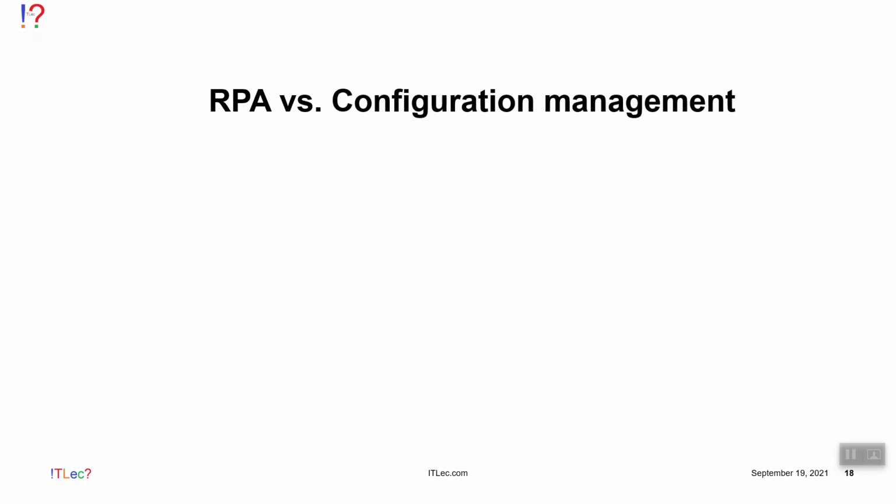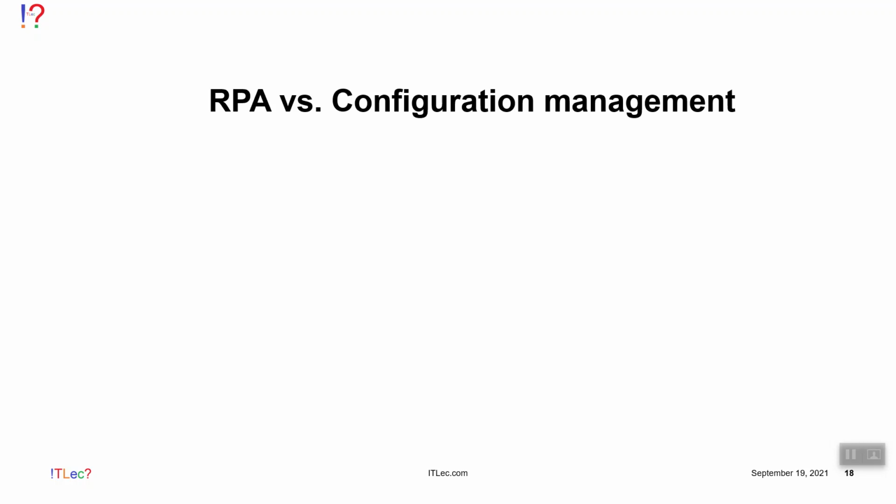RPA vs configuration management. The most famous tool for configuration management is Ansible, and configuration management is a process to systematically manage, organize, and control the changes in the documents, codes, and other entities during the software development lifecycle.